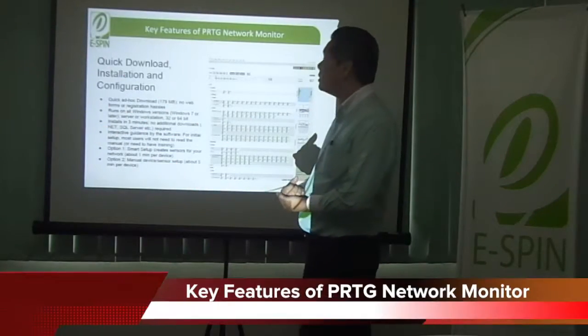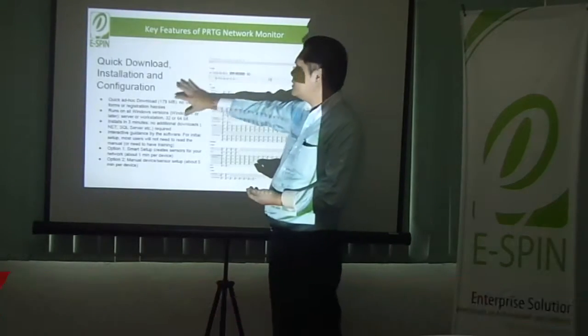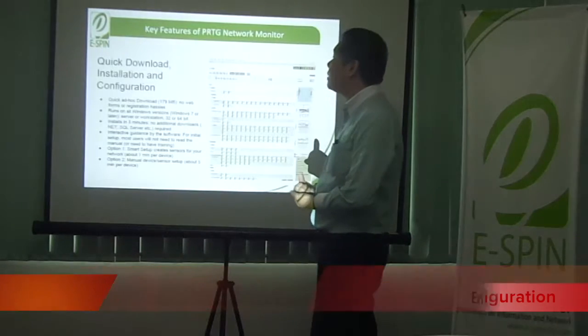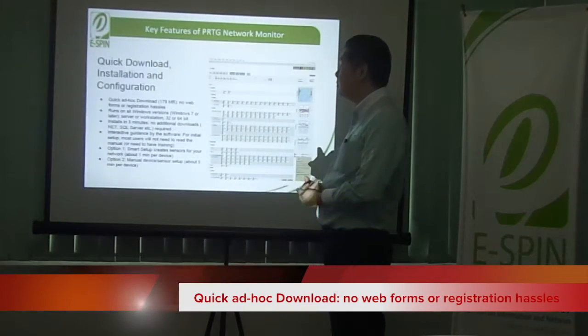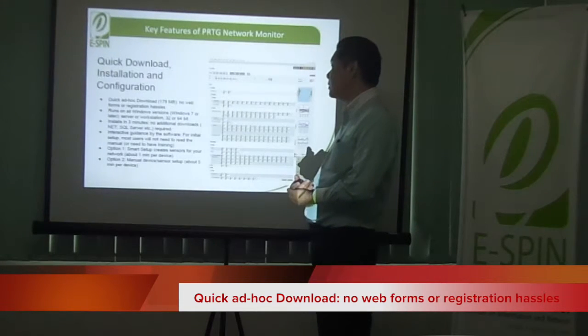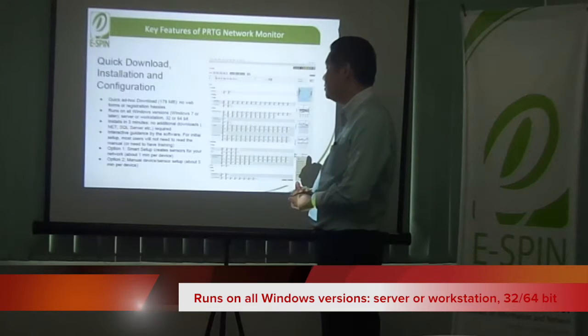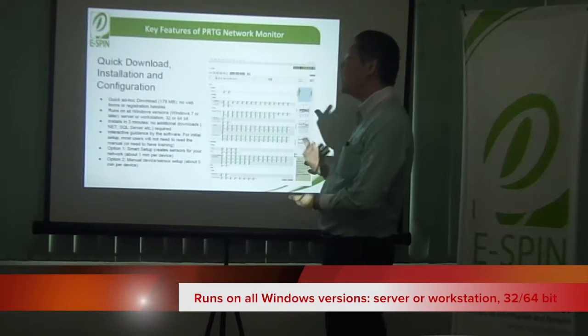Key features of PRTG: quick download, installation and configuration. It is a quick ad hoc download. You don't even need to fill in a form for the installation. It will run on all Windows versions, starting from the currently supported versions.